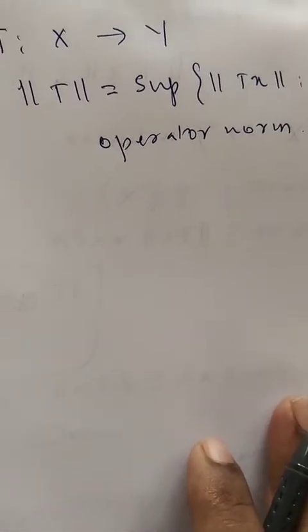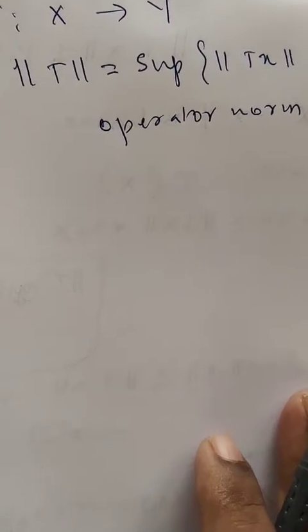This norm is usually known as the operator norm, or the standard norm defined on the space of such mappings. Now we can show that this norm is actually a standard norm. This norm will be equivalent to many other norms, which we can show now.